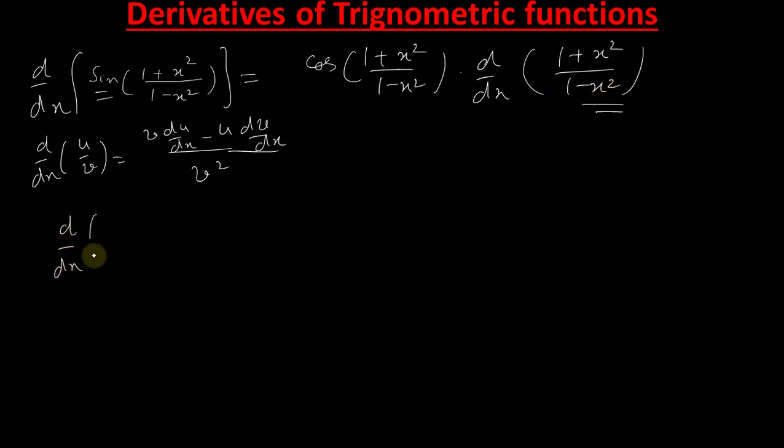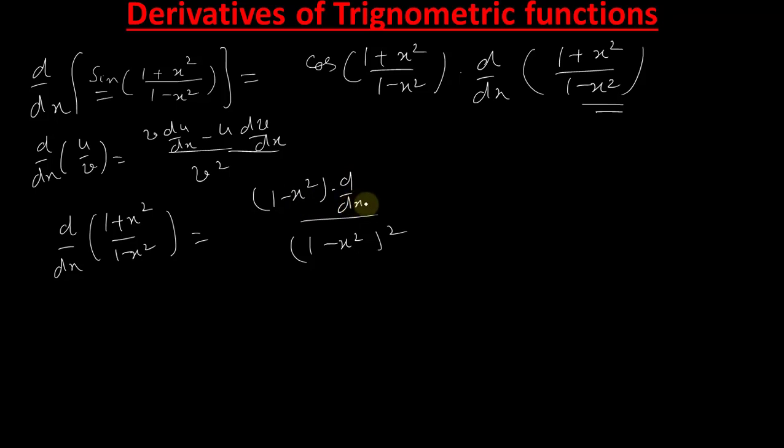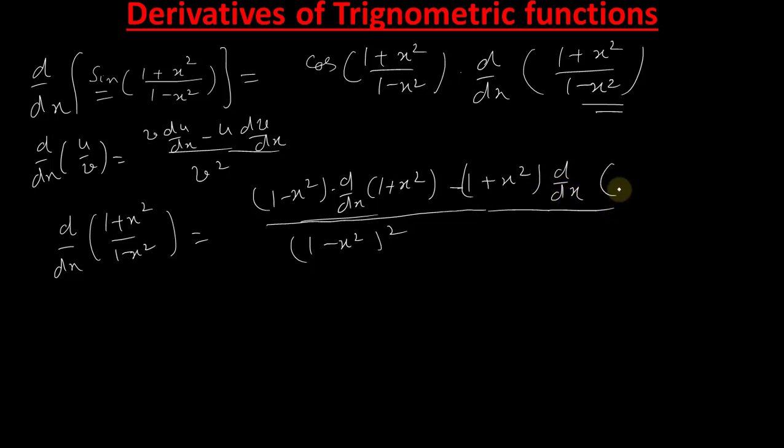So dy by dx of (1 plus x square) upon (1 minus x square) is equal to (1 minus x square) as it is, times the derivative of (1 plus x square), minus (1 plus x square) as it is, times the derivative of (1 minus x square).